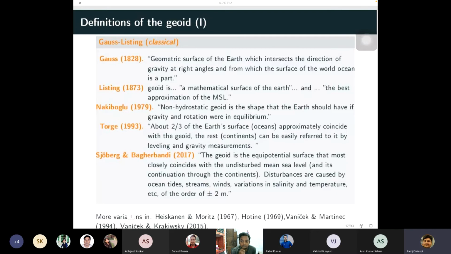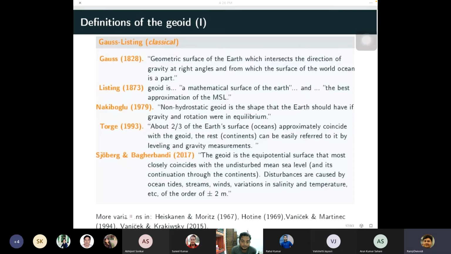Again, I'm repeating: about 2/3 of the Earth's surface, which is ocean, approximately coincides with the geoid. The rest, the continents, can be easily referred to it by leveling and gravity.